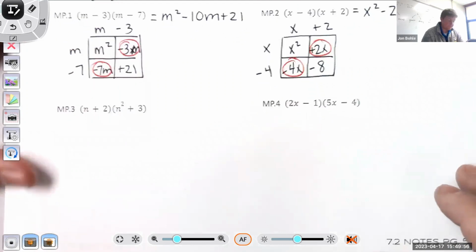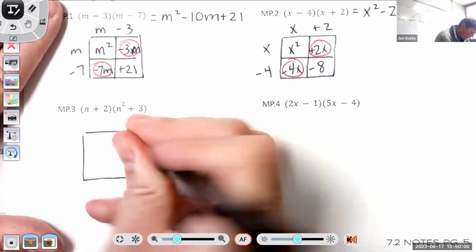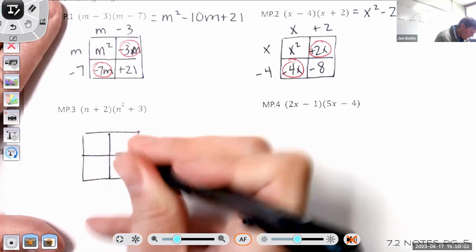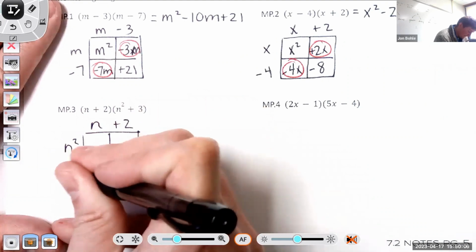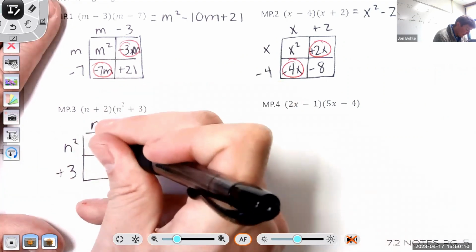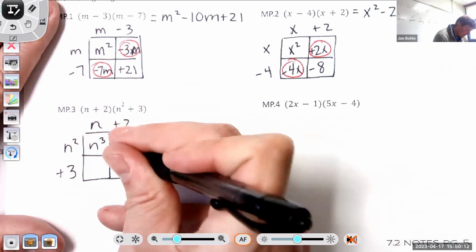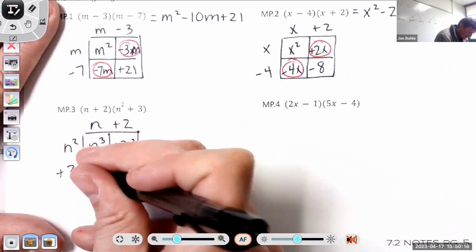Okay, number 3. And set it up the same way. N plus 2, n squared plus 3. N squared times n would be n to the third. N to the second times 2, 2n to the second. 3 times n is 3n.